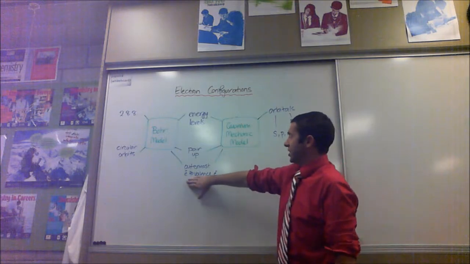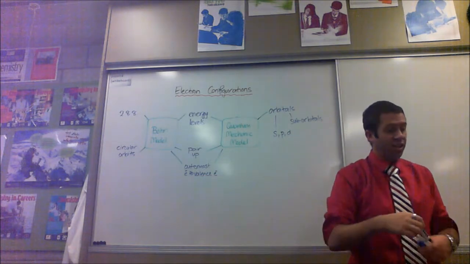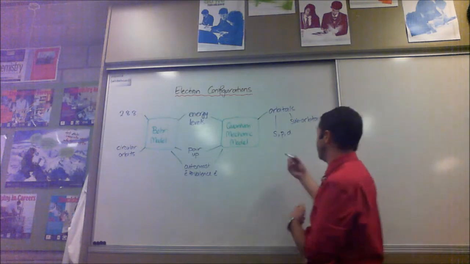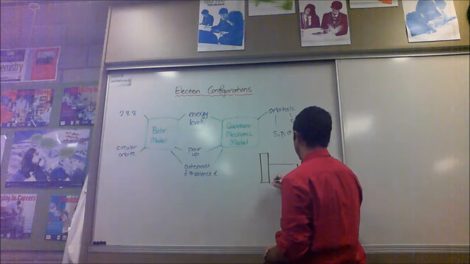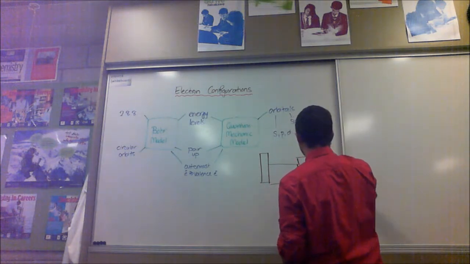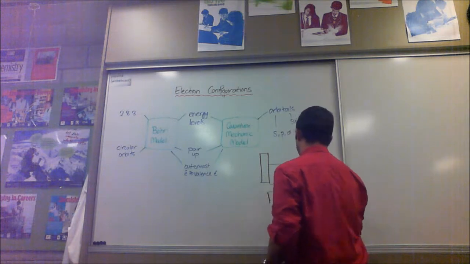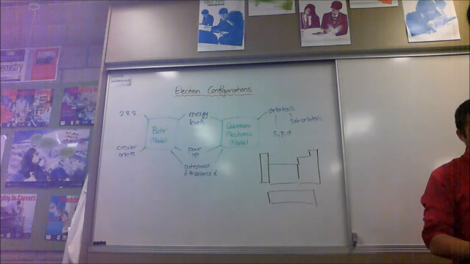Looking at these outermost electrons being the valence ones, I can sort of link these two ideas. If I quickly sketch a periodic table, and you'll see that I'll draw it in quite a simplistic way. Okay, I've kind of broken it up into blocks.